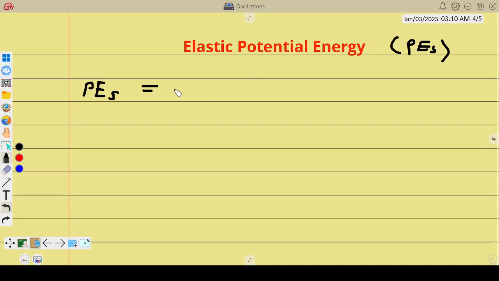The elastic potential energy is similar to the strain. You can even say it's the strain if you like. So what is the strain?